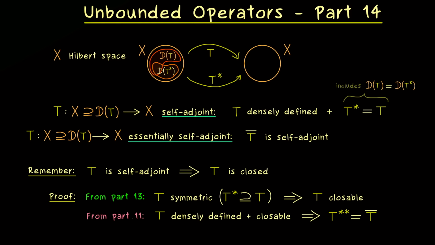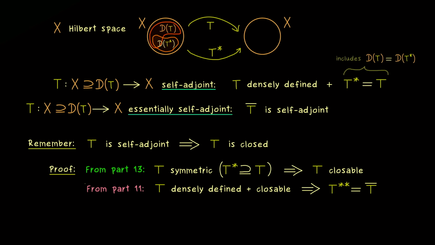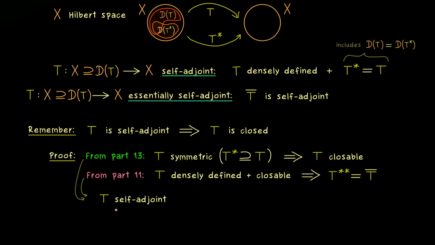And now we can simply use both facts for a self-adjoint operator. And this immediately tells us that we have a densely defined operator which is also closable. This means we are allowed to use this implication here from part 11. And moreover, we can also use our self-adjointness to reformulate this double adjoint. And by definition, it's just the adjoint of T star.